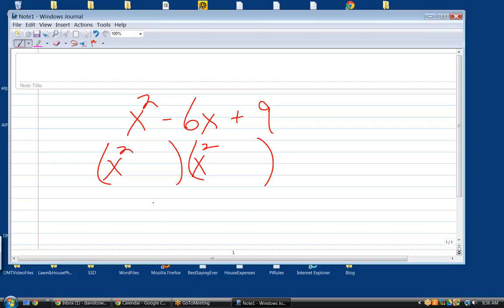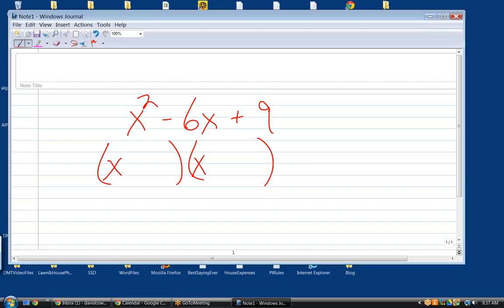In other words, the moment you make this mistake, you should recognize it, because x squared times x squared would be x to the 4th, and it's not x to the 4th. So it can't be x squared and x squared. In other words, your very first step should be to multiply these 2 back together again and make sure you get what you started with.